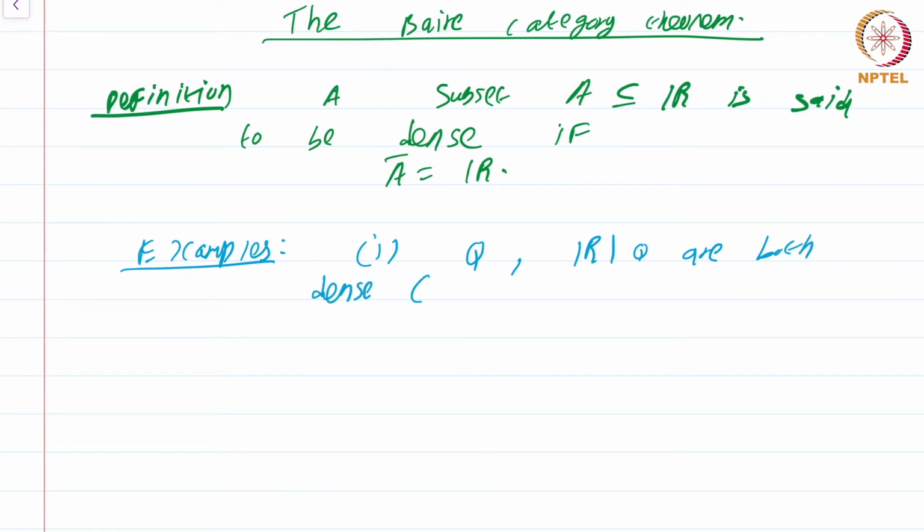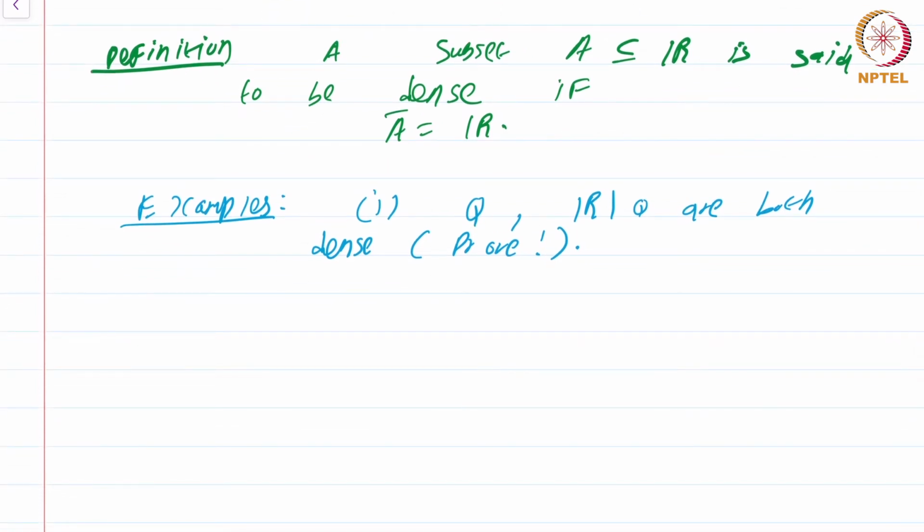Well, proof. What we called density way back in week 2 was slightly different from this definition, but you will be able to show quite easily that both Q and R minus Q are dense.